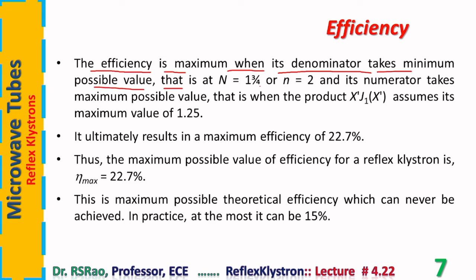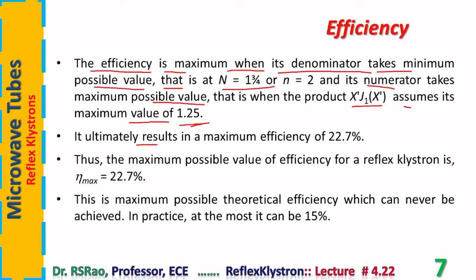So the first mode or the lowest mode that is realizable is 1 3 by 4. Efficiency assumes maximum when denominator takes minimum values and numerator takes maximum possible value. It is maximum possible when the product x prime J1 x prime assumes its maximum value of 1.25. We have seen it from the graph that is shown in the previous slide.